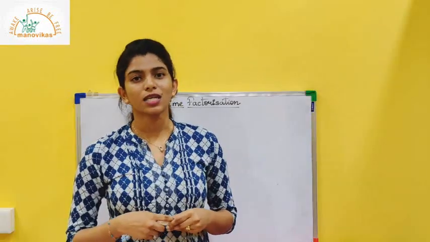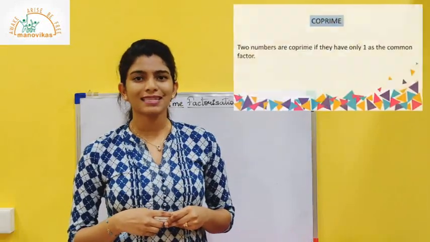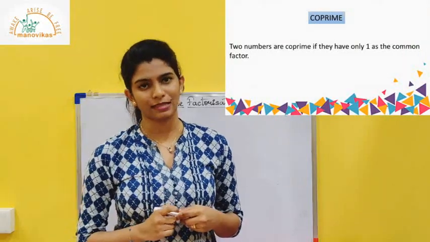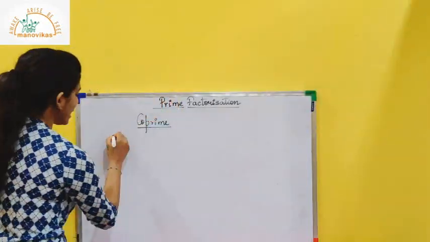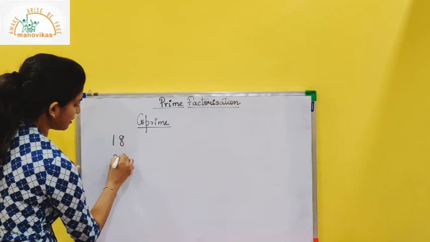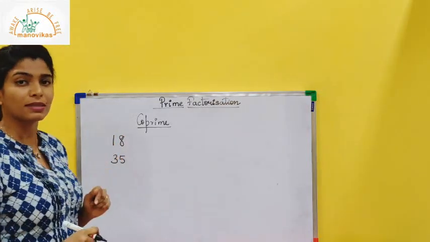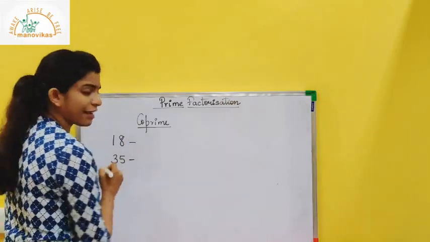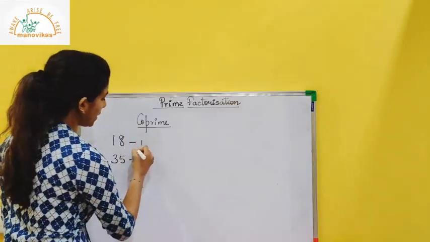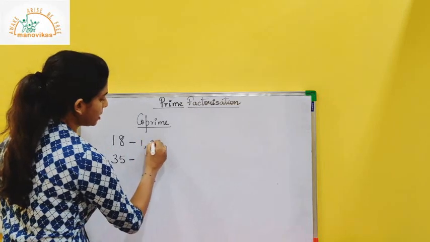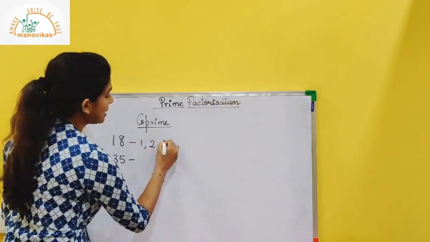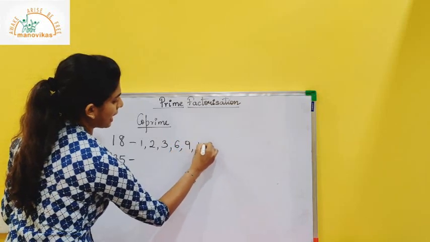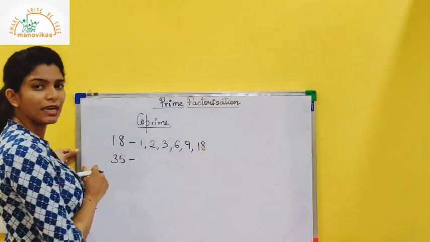Now we will see what is a coprime. Now two numbers are said to be coprime when they have only one as a common factor. Let's take one example. So I take 18 and 35. We have to see whether these two numbers are coprime of each other. Now I have to write the factors of 18. You know 1 18s are 18, 2 9s are 18, 3 6s are 18, then 9 2s are 18 and 18 are the factors of 18.